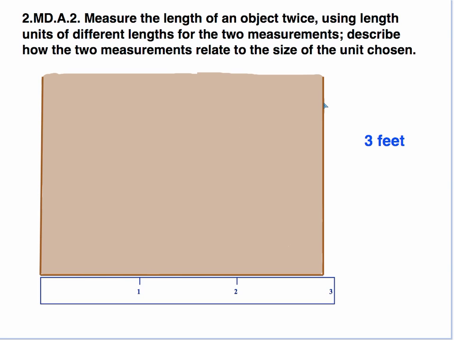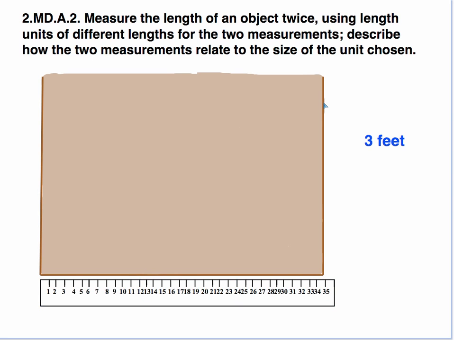We approximate it to a whole number, so this is 3 feet for our measurement. Then we use the yardstick that's marked off in inches, and it looks like this is about 35 inches, so that's our measurement.